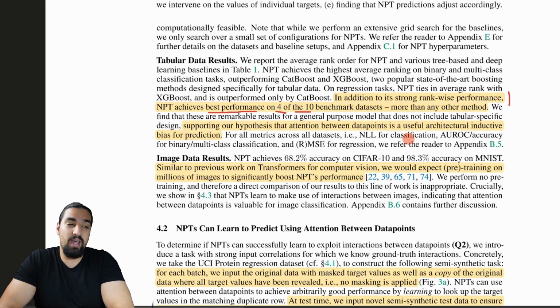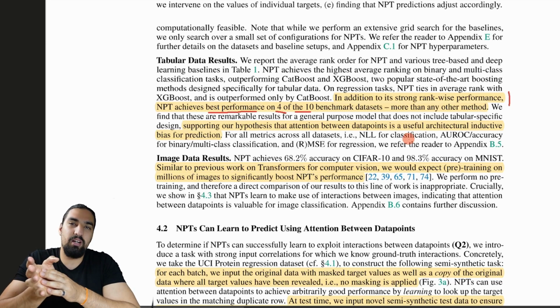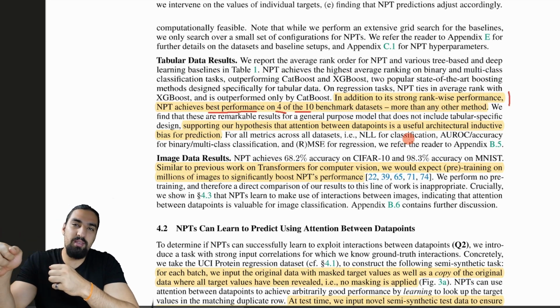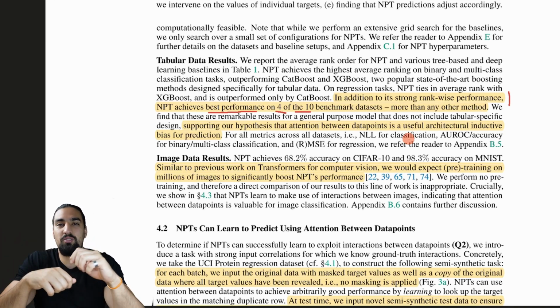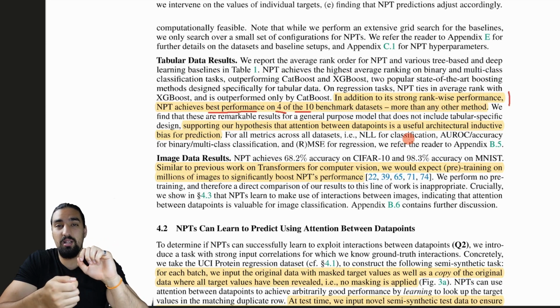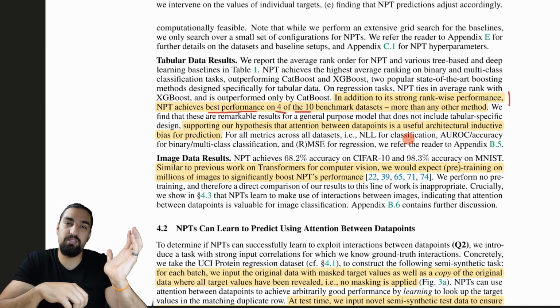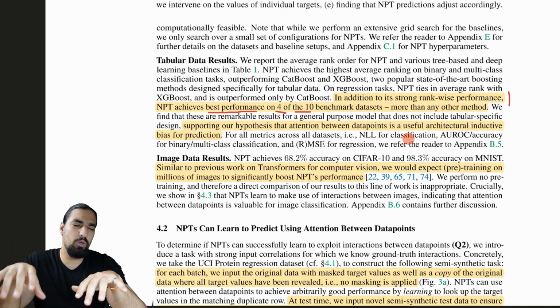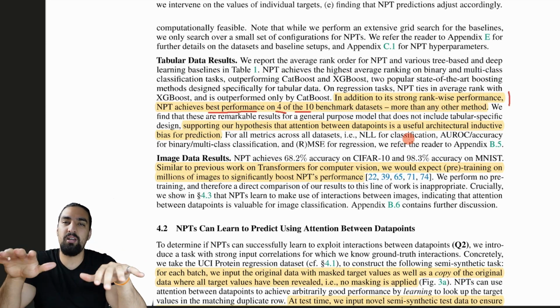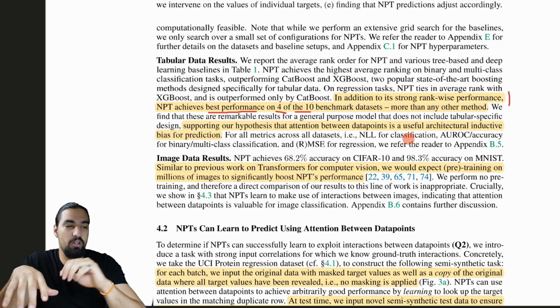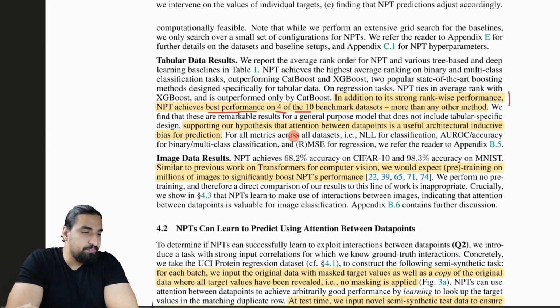By the way, if you're asking yourself whether it's not fair because they probably used much more computation to train the MPT, that's actually not true, because they wrote somewhere in the paper that for figuring out the best hyperparameters for those boosting methods, the computation necessary was pretty much on par. So this supports our hypothesis that attention between data points is a useful architectural inductive bias for prediction.